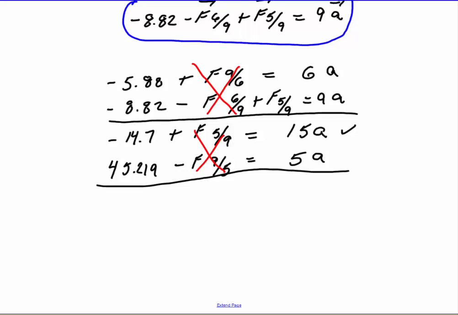Now you've got 14.7. That gives you 30.519 equals 28, right? Acceleration is 1.53 roughly. Yes.